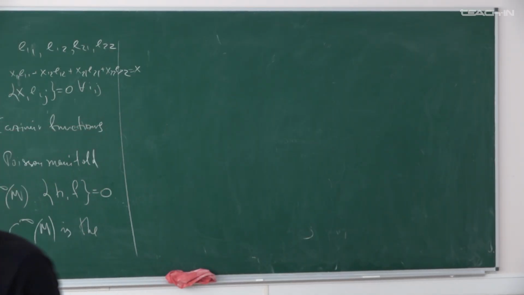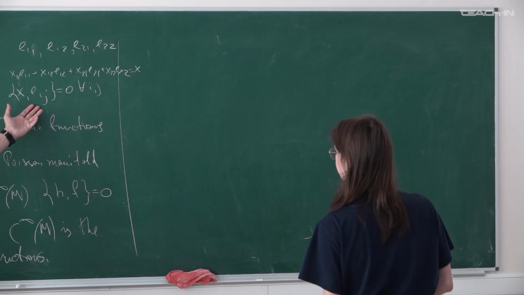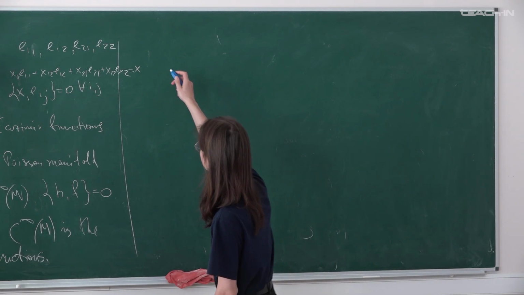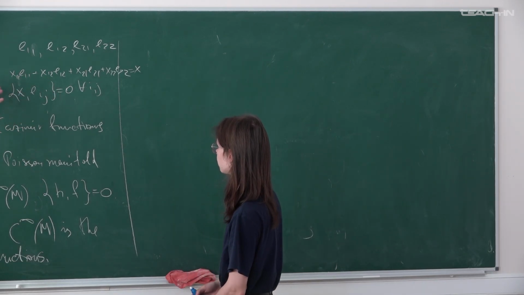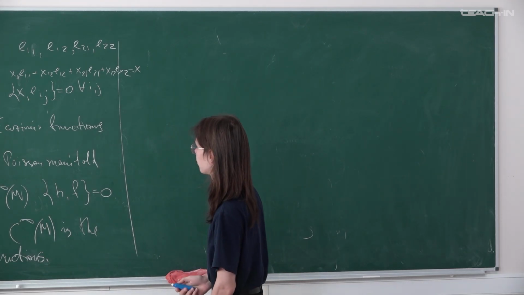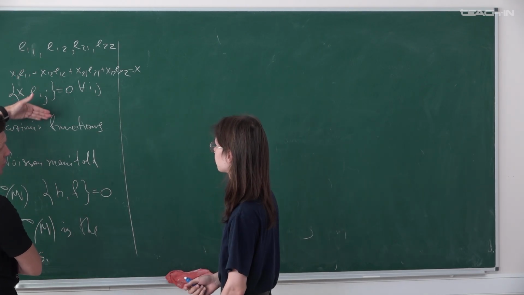Would you like to write this problem on the blackboard? We'll help you. Just try to write this condition. This is X, a generic linear combination of generators, and just write the commutator. These are 4 equations.